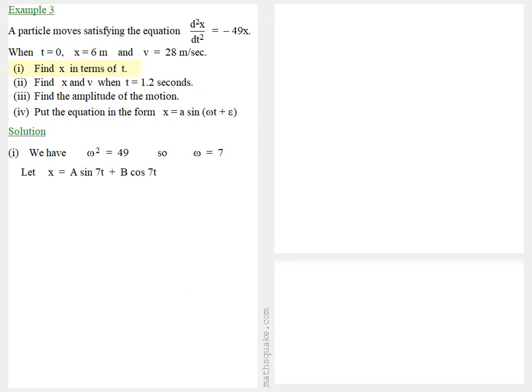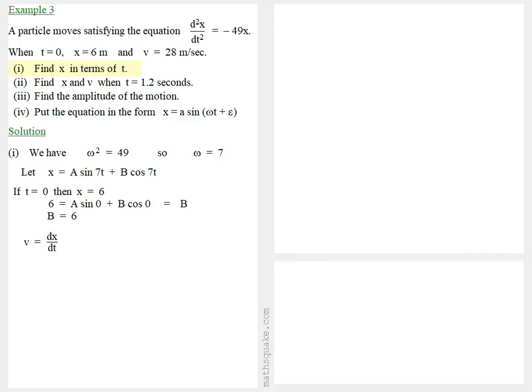Now let x equal a sine 7t plus b cos 7t. When t is 0, then x is 6. So 6 is equal to a sine 0 plus b cos 0. Well, sine 0 is 0 and cos 0 is 1. So 6 is equal to b, or b equals 6.